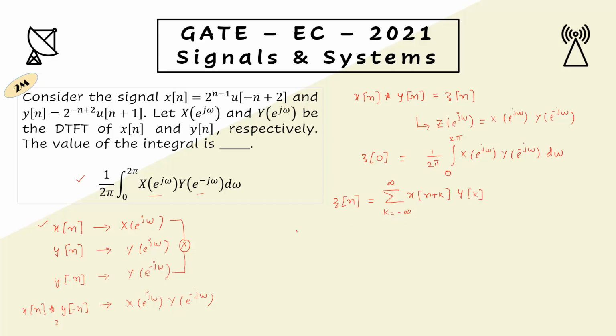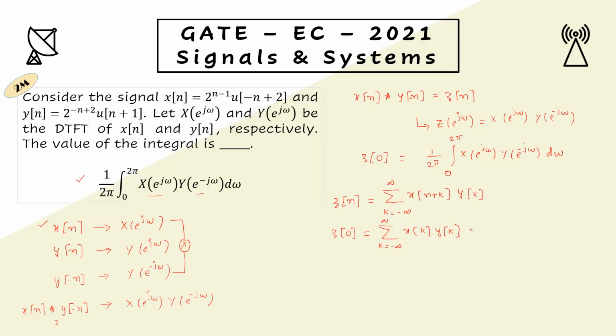But we are interested in evaluating z of 0, which would be summation k equal to minus infinity to infinity x of k times y of k, wherever there is n substituted with 0.